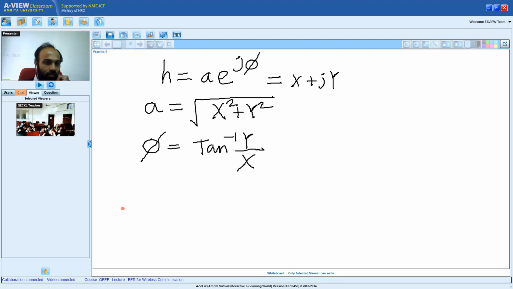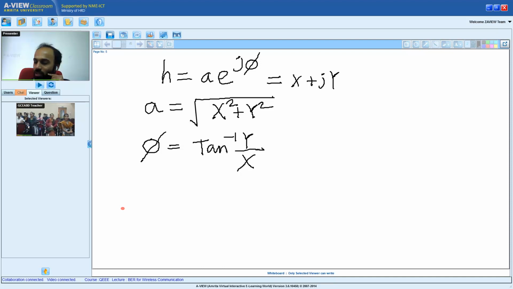Are you able to hear me? I think there are some issues, not able to interact with them. GEC Tamil Nadu, GEC ABD, I am not able to interact with them. GEC ABD, which college is this? Sir, it's Government College of Engineering, Aurangabad.